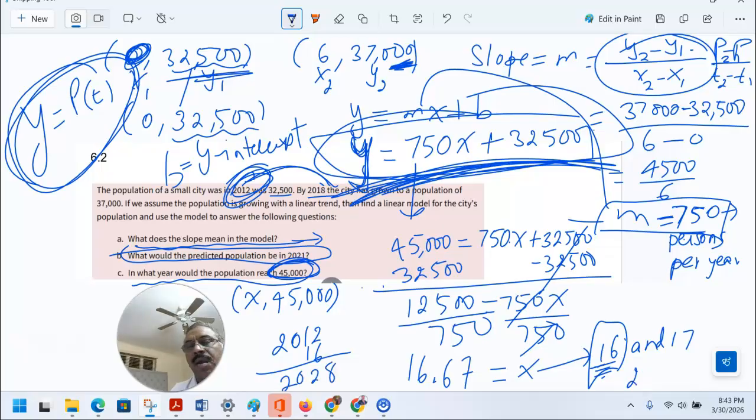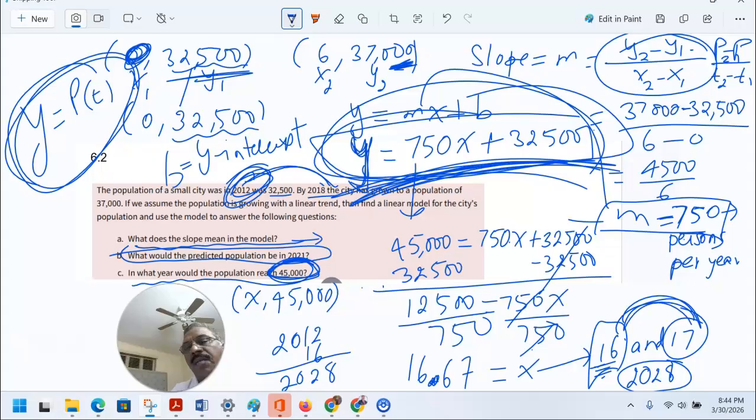So in the year 2028, our model predicts, our prediction equation helps us figure out that the population would be 45,000, because 16.67 basically means between this. That means in year 16 is where the population is going to reach 45,000.